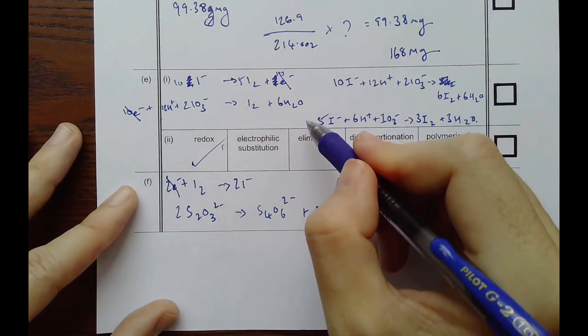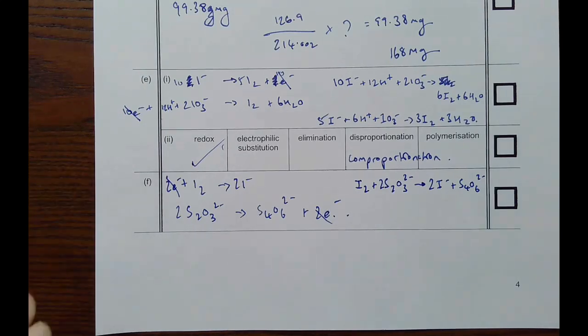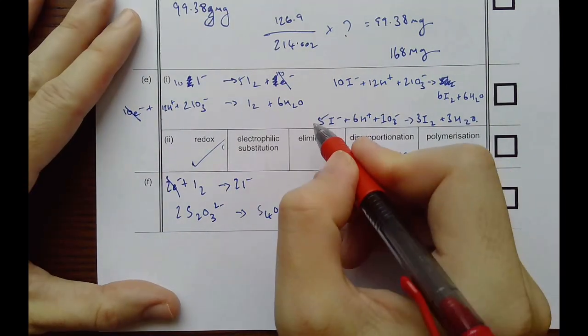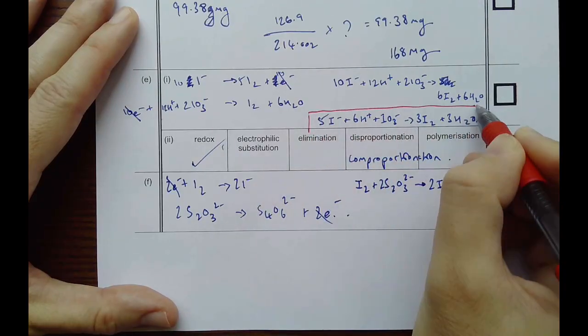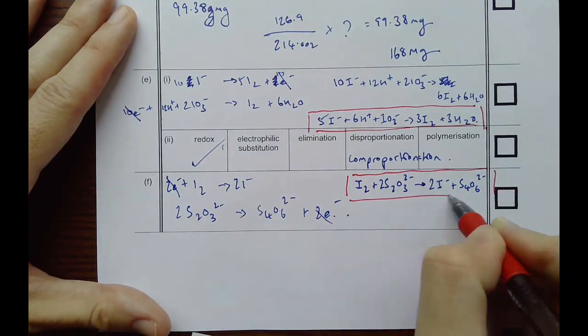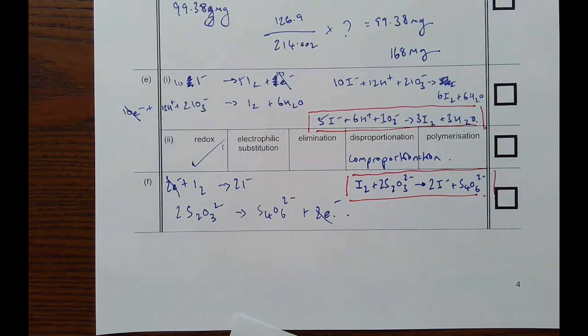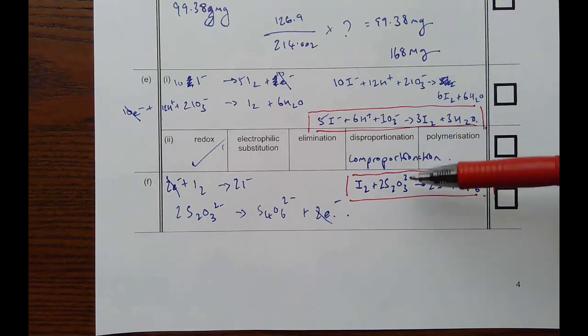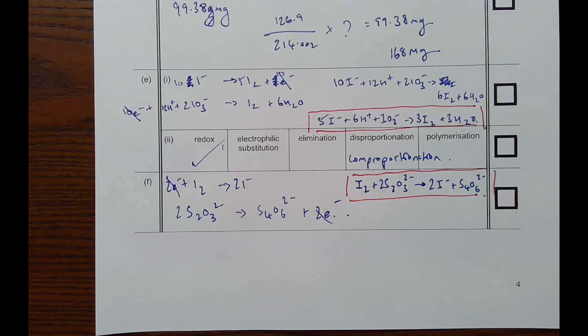Now these two equations here, let me use a different colour. These two equations, this one and this one, are going to be very important for the rest of the question. The next couple of parts rely on our ability to use these two equations.